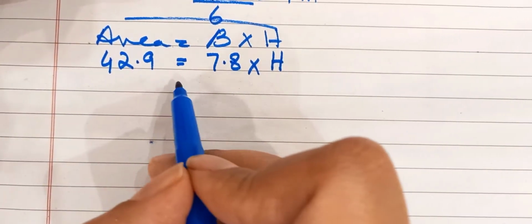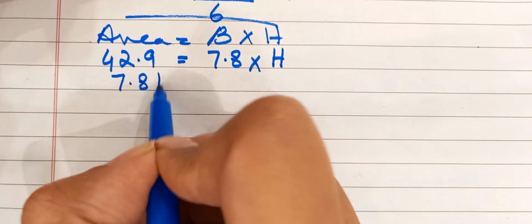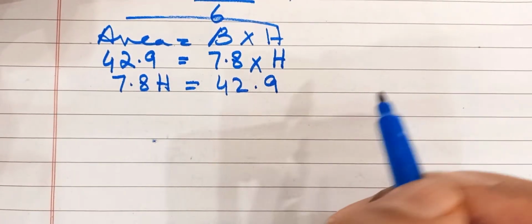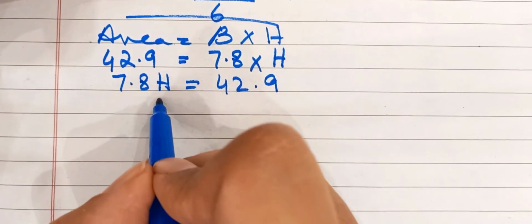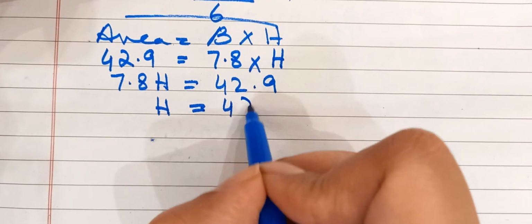Now I will swap it because it is advisable to bring the unknown to the LHS. 42.9, swapping does not change the signs. Now I need the height here.